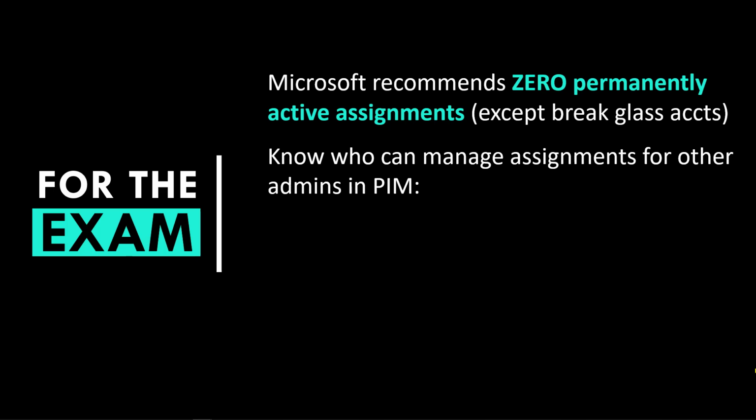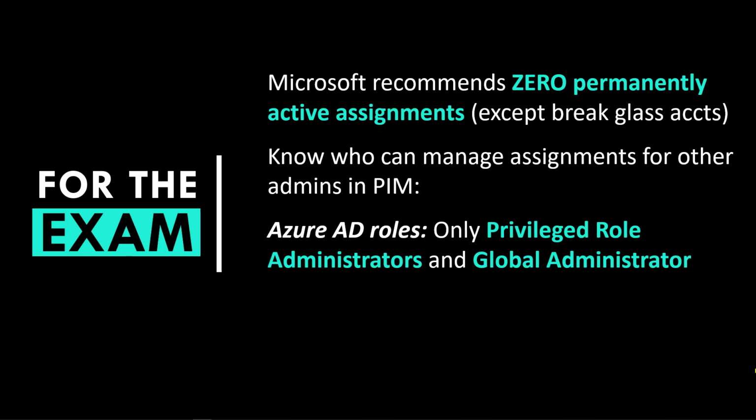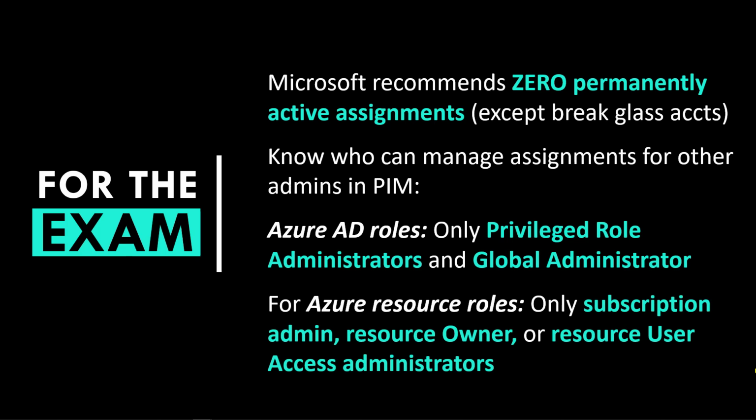Because we're talking about admin access here, it's worth mentioning who can manage assignments for other admins in PIM. So for Azure AD roles, only privileged role administrators and global administrator can manage other admin access. For Azure resource roles, only subscription admin, resource owner, or resource user access administrators can do the job.